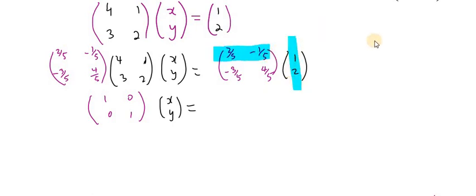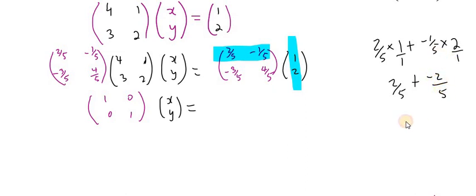So we're saying 2/5 first by first, so 2/5 times 1 plus negative 1/5 times 2, second by second. Now, of course, 2/5 times 1 is still 2/5 plus negative 1 times 2 gives us negative 2. 5 ones are 5. Keep the denominator. 2 plus negative 2, that's 0. So our answer will be 0. So row by column, 1 row by 1 column gives us 1 entry, that's 0.